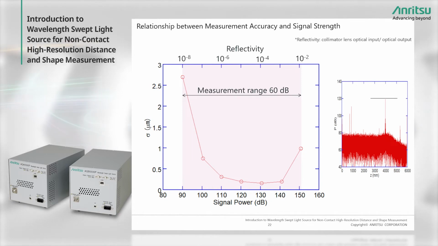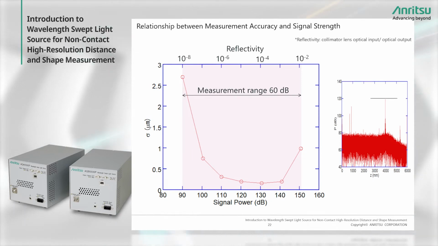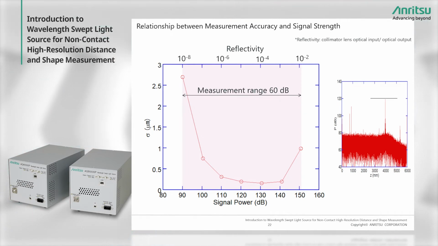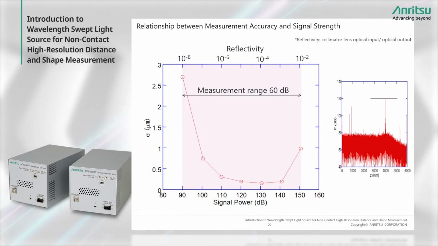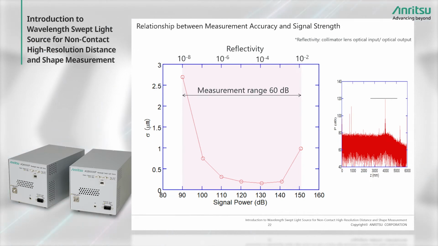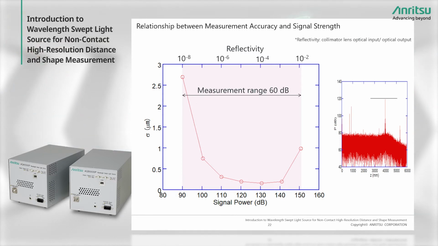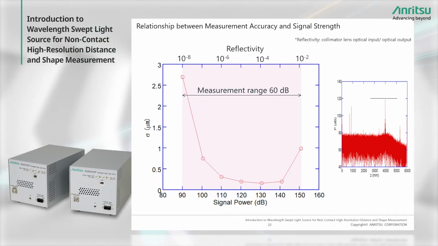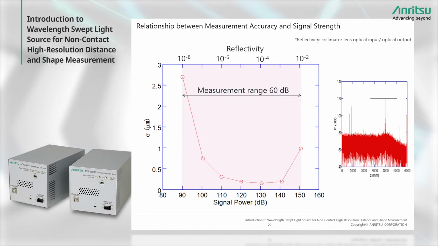Therefore, we can clearly measure distance with micrometer order accuracy if the signal-to-noise ratio, SNR, is at least 10 dB by applying FFT. As shown at the right of this graph, the measurement accuracy improves as the signal becomes stronger. At a signal strength of about 130 dB, we can see that the distance is measured with an accuracy of about 0.2 micrometer.